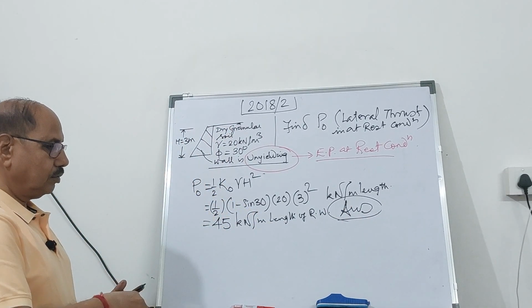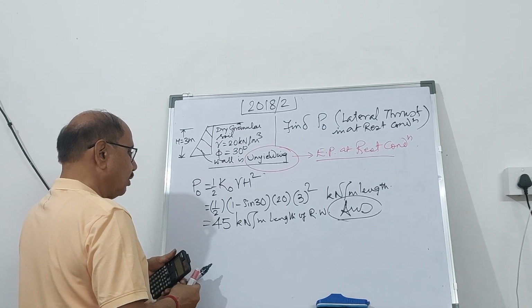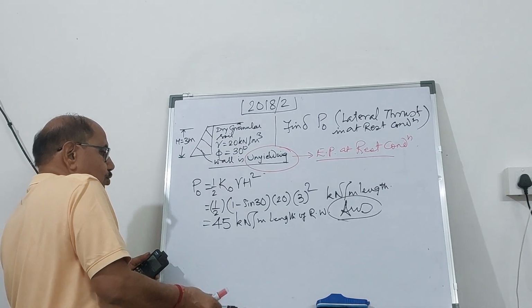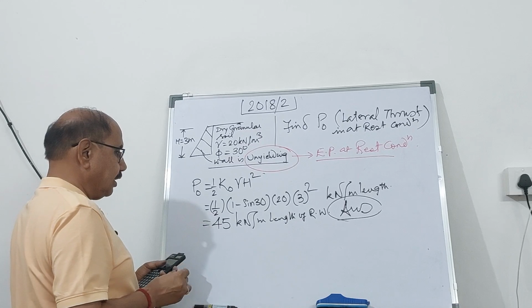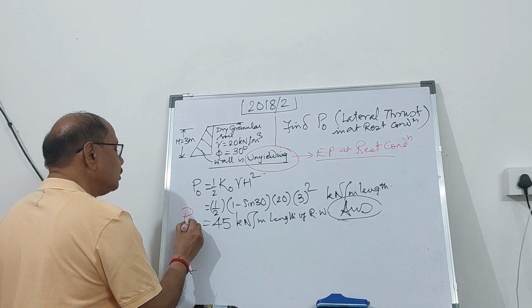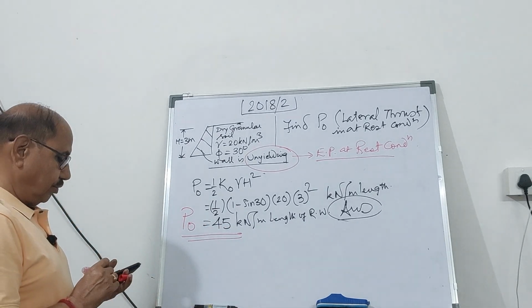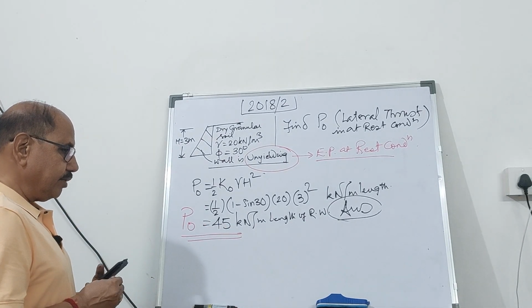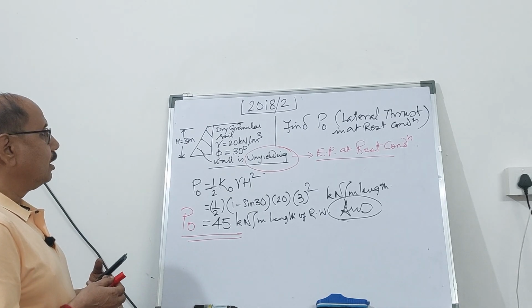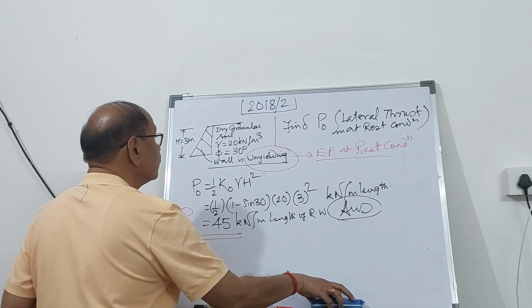So very easily we could sum up this problem. I hope nobody can have any doubt about this. So P naught we have been able to find out. P naught is 45. So wherever you get the unyielding wall, you can do it like this. Let us go to the next problem now.